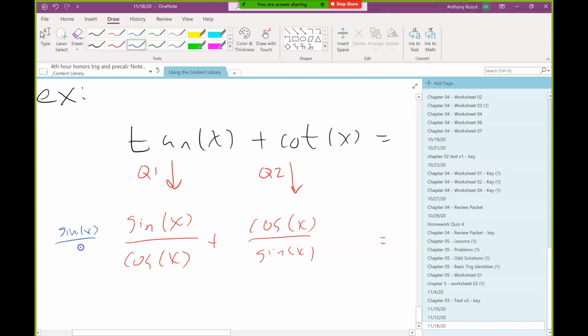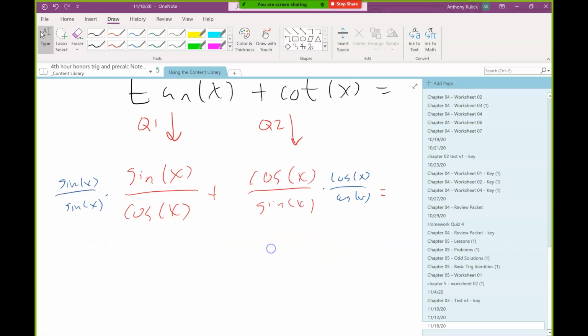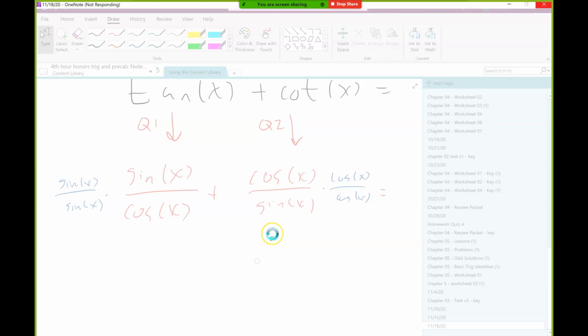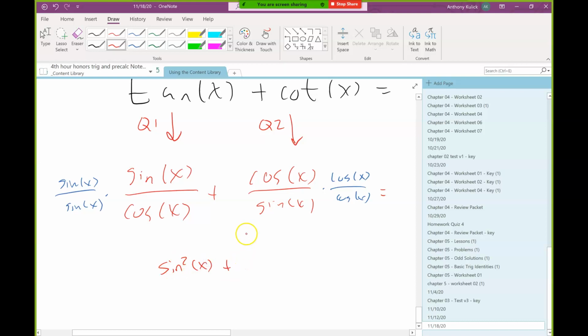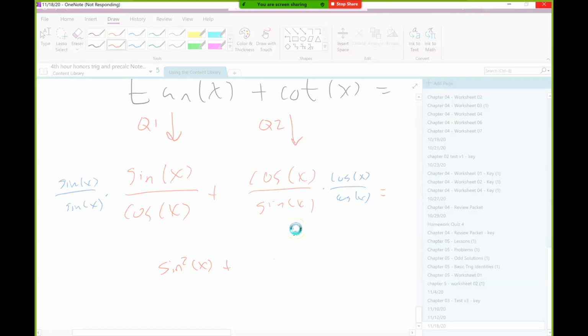So I'll multiply this first fraction by sine over sine, and I'll multiply this fraction by cosine over cosine, just to make a common denominator. I didn't use any identities here, so there's no identities to list. I'm just going to write down what I get in my next step. So sine times sine is sine squared. Cosine times cosine is cosine squared.